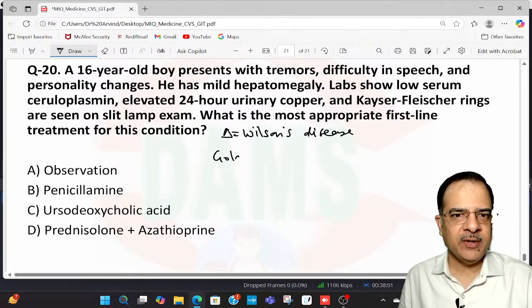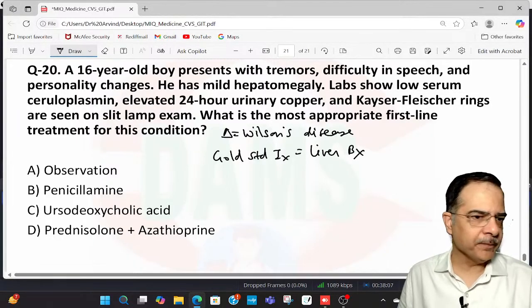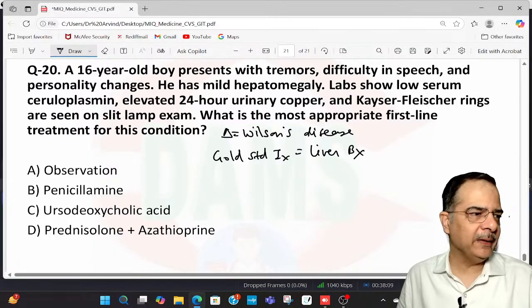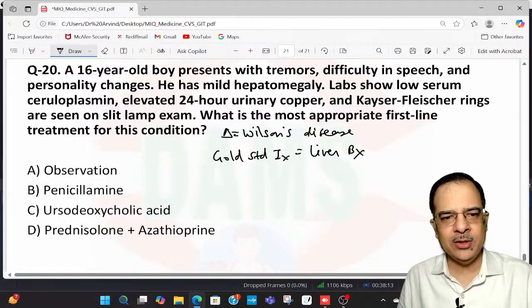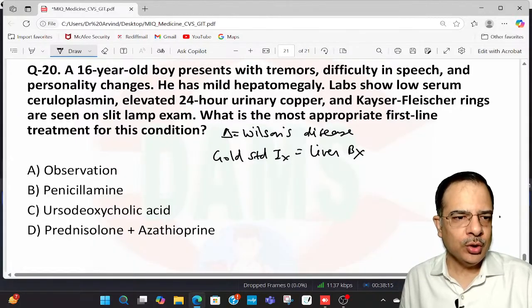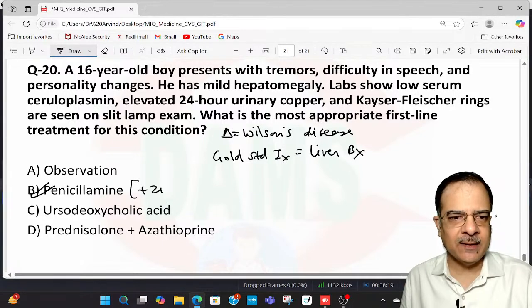And gold standard investigation here will be liver biopsy. So what do you think will you give here? Observation, penicillamine, ursodeoxycholic acid, or prednisolone with azathioprine. So the answer here will be penicillamine, and it should be added with zinc.